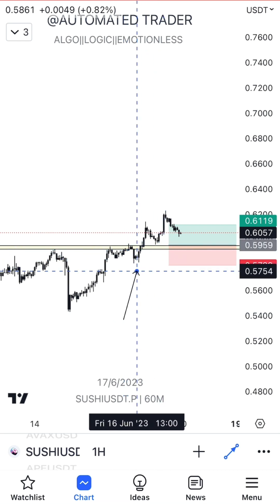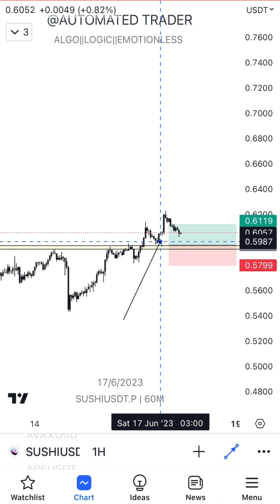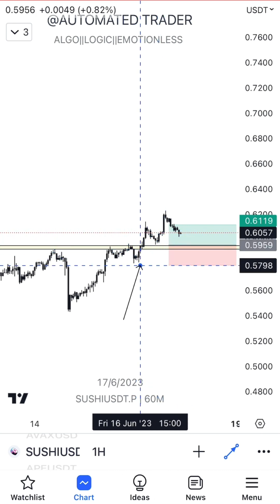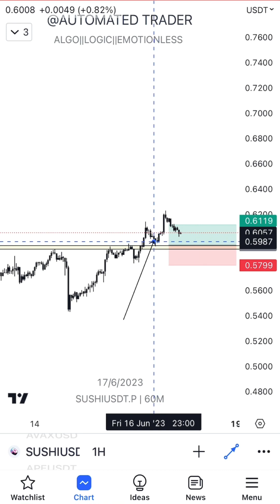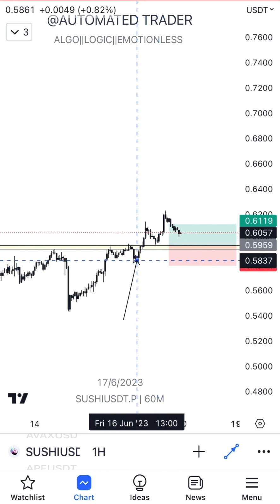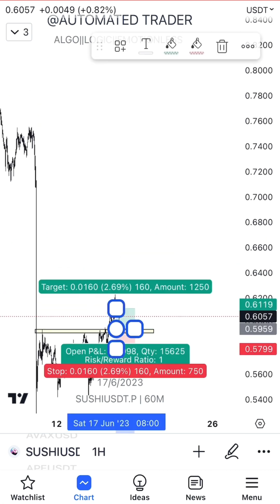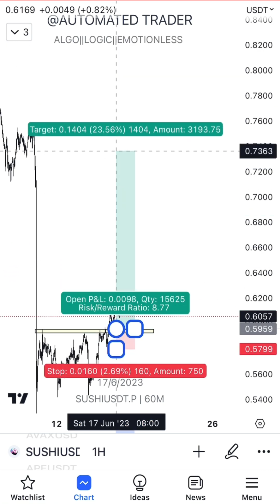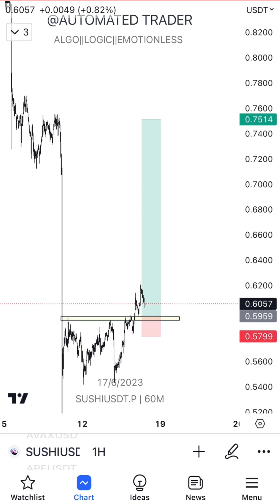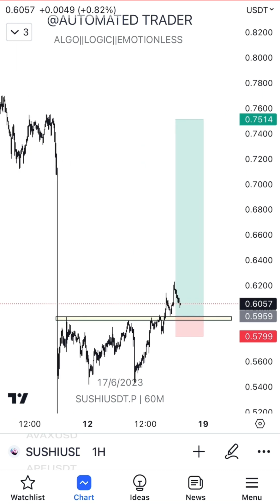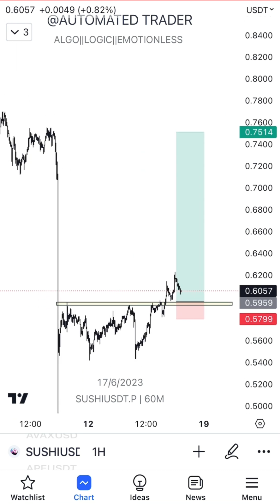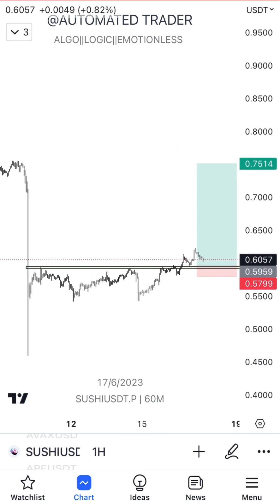But since we have these two zones, to be on the safer side, not to miss the trade and not to hit the stop loss, we are going to use this as the entry zone, and this will be the stop loss zone. So two of them would be factored into the trade. This will go to the supply zone that was recently created.